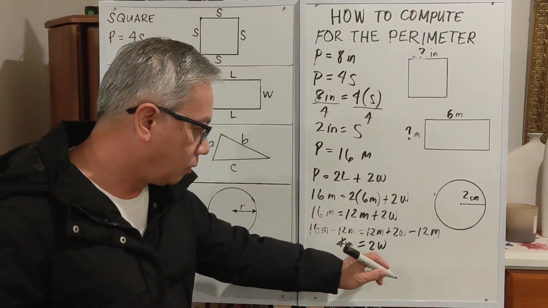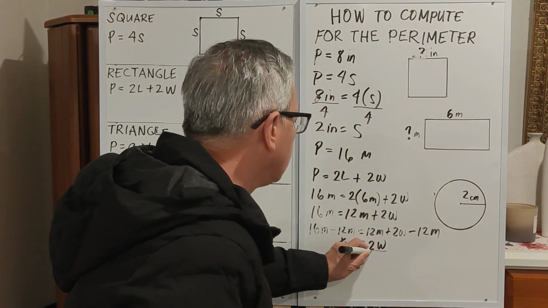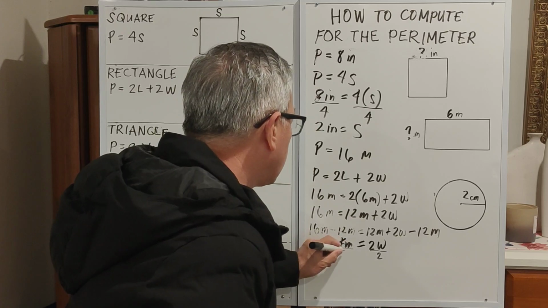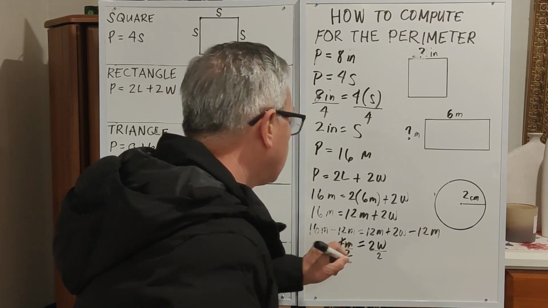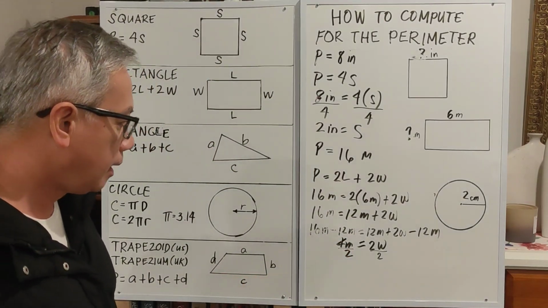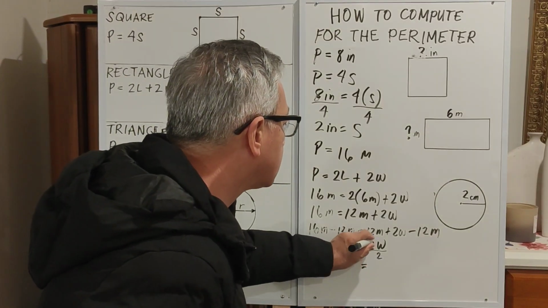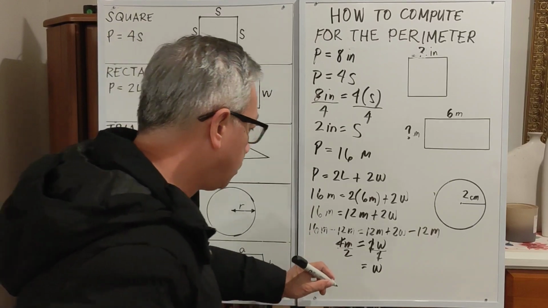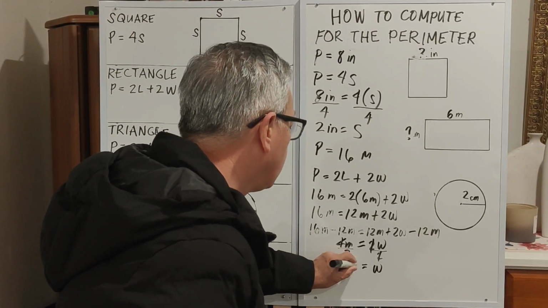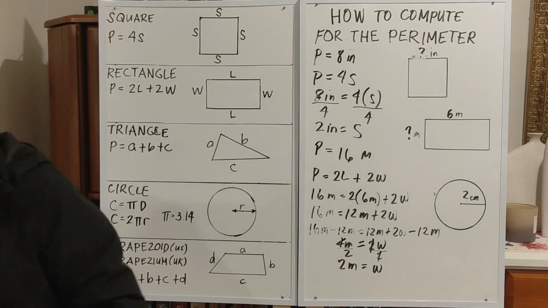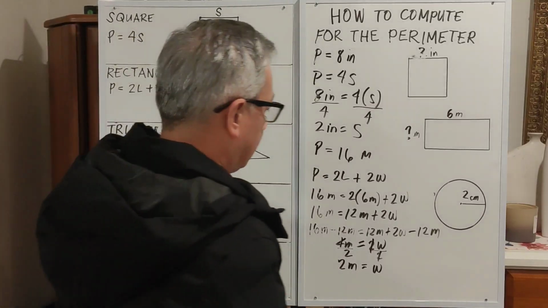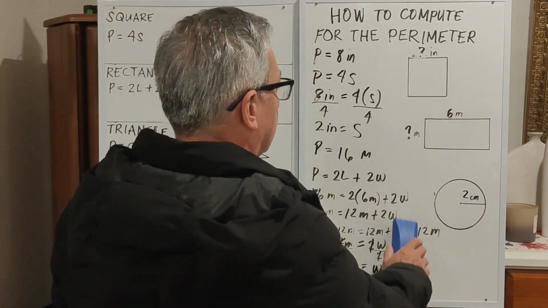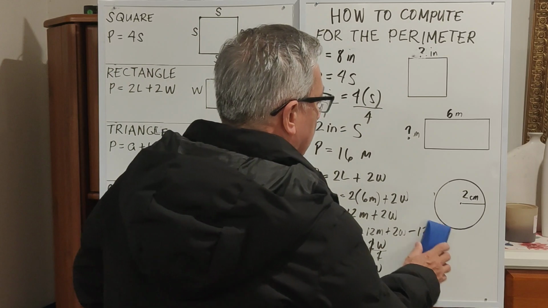Now to remove the 2, we divide by 2, and we divide the other side by 2 as well. This will cancel out, leaving W. 4 meters divided by 2 is 2 meters. So we have the width as 2 meters.